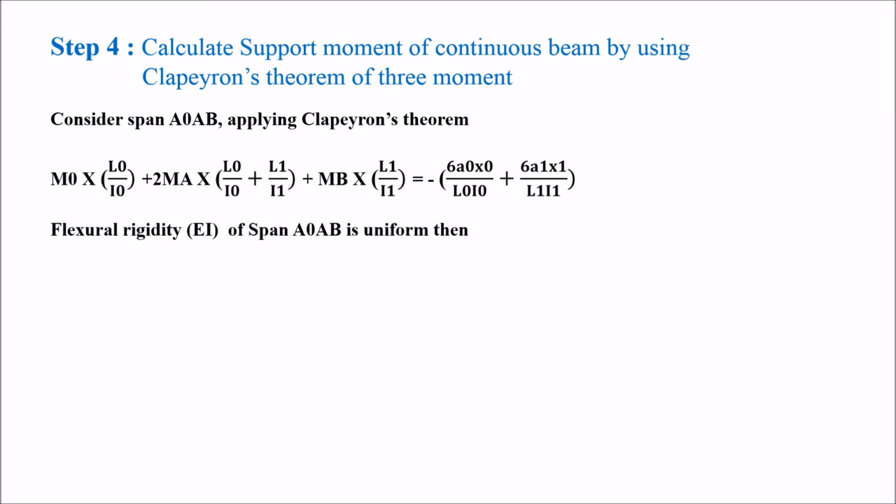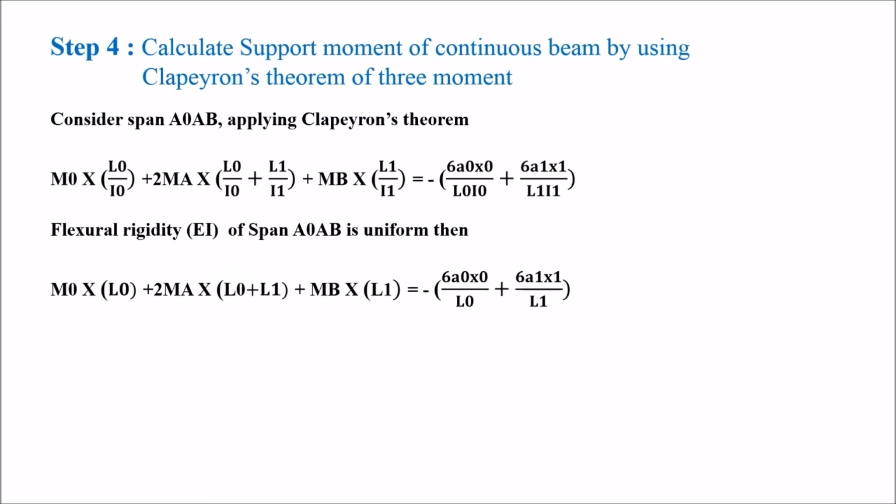The flexural rigidity of span A0 AB is uniform, so the value of EI is uniform. Then the equation is M0 L0 plus 2MA (L0 plus L1) plus MB into L1 equal to minus into bracket 6A0 x0 upon L0 plus 6A1 x1 upon L1, bracket close.